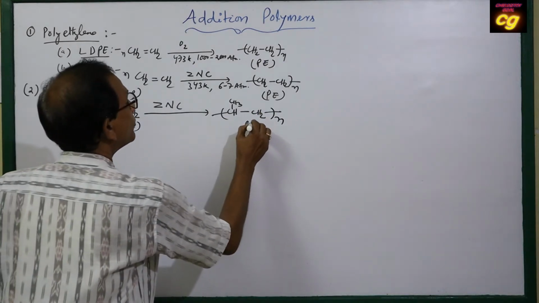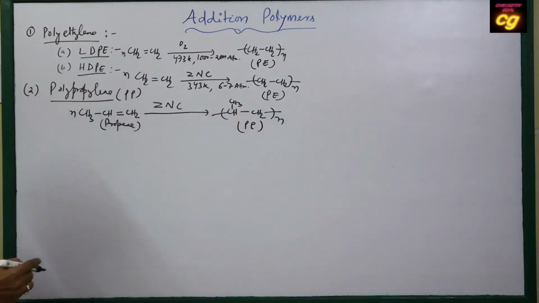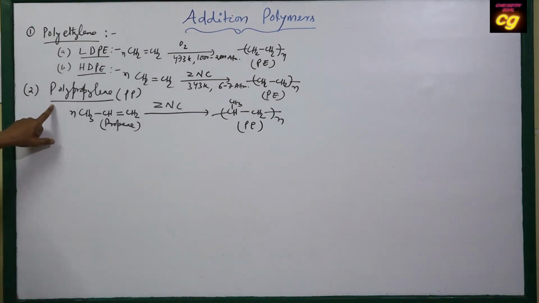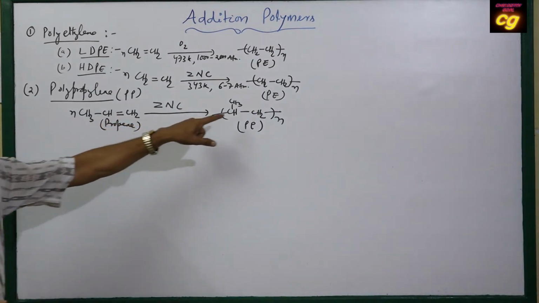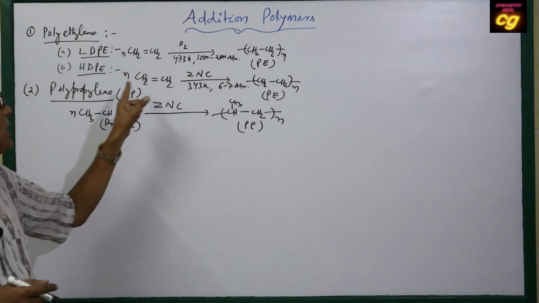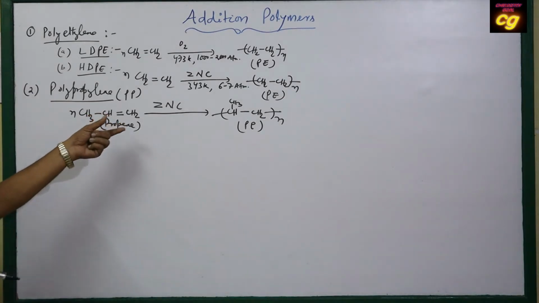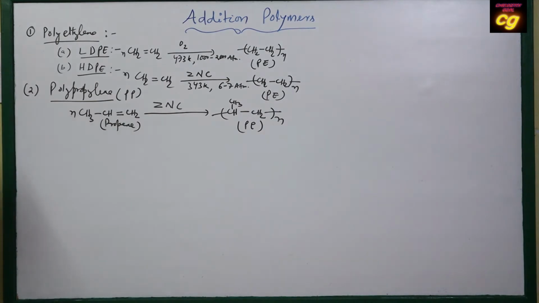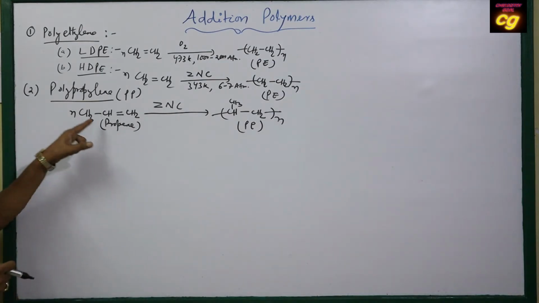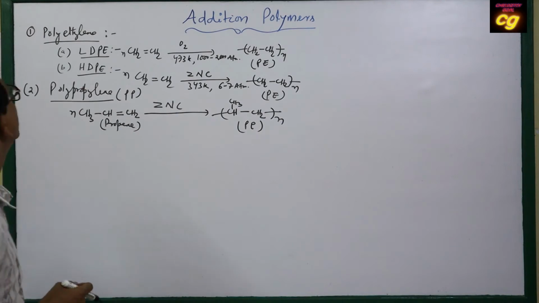This is polypropylene, short form PP. It is also an addition polymer because the double bond breaks. In all cases, the double bond is involved and converts to a single bond due to the addition of a large number of monomers. Polypropylene has different uses, mainly bottles, glass pans, toys, and namkeen packets also use polypropylene.